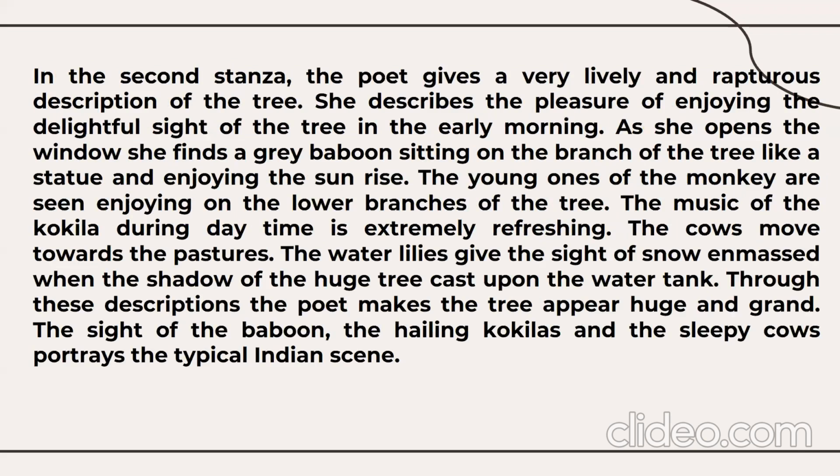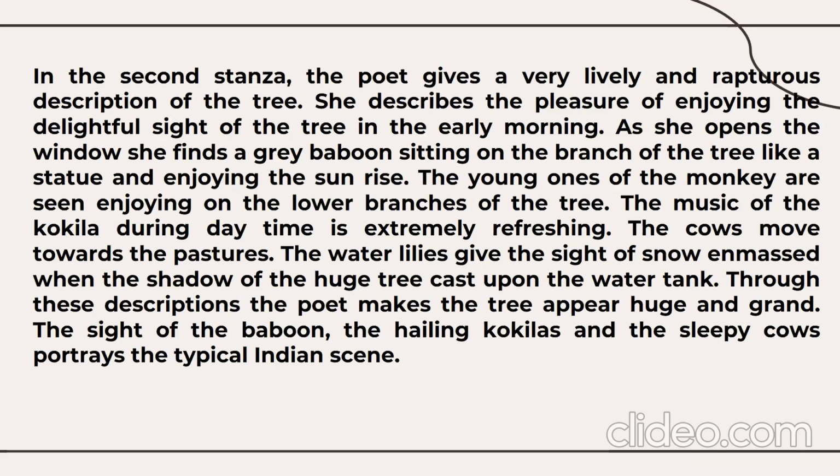In the second stanza, the poet gives a very lively and rapturous description of the tree. She describes the pleasure of enjoying the delightful sight of the tree in the early morning. As she opens the window, she finds a grey baboon sitting on the branch of the tree like a statue and enjoying the sunrise. The young ones of the monkey are seen enjoying on the lower branch of the tree.